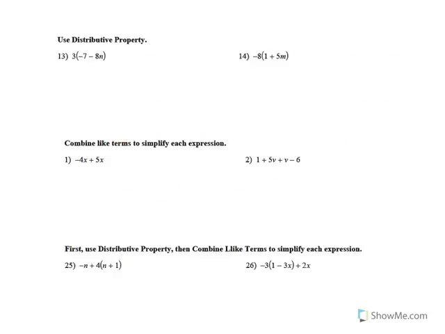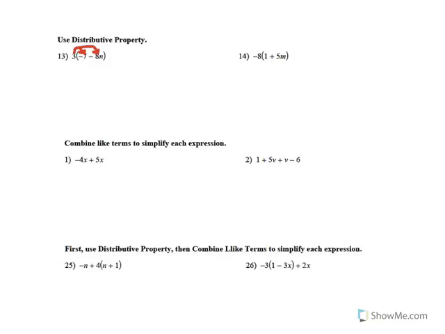Now let's use this distributive property in real life. In this question here, it says, use the distributive property. So we know that we're going to take the part outside of the parentheses and give 1 to each part inside.